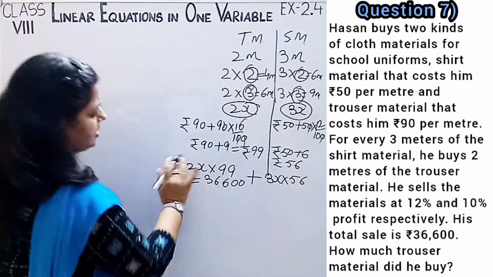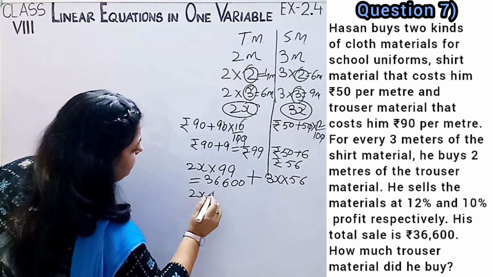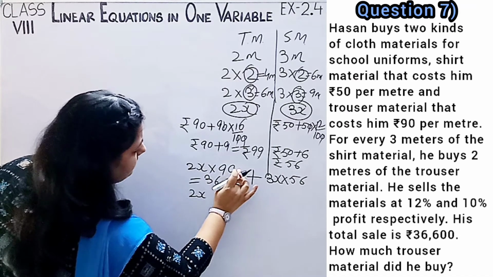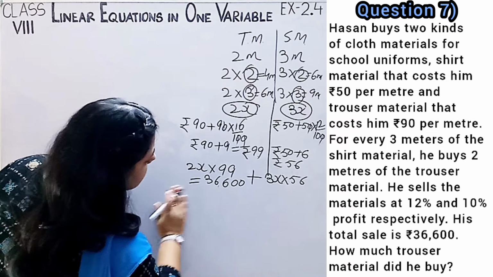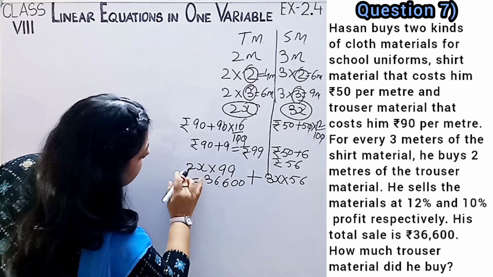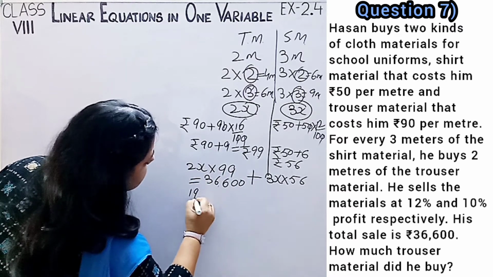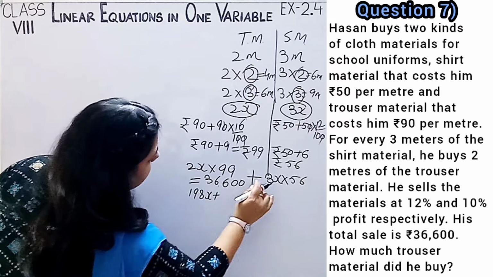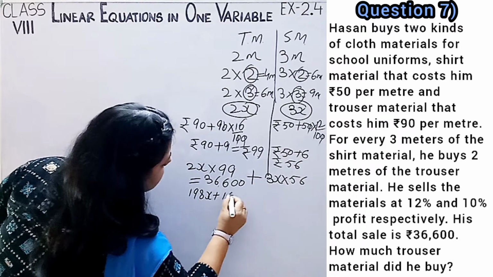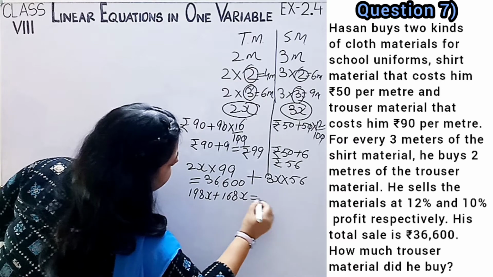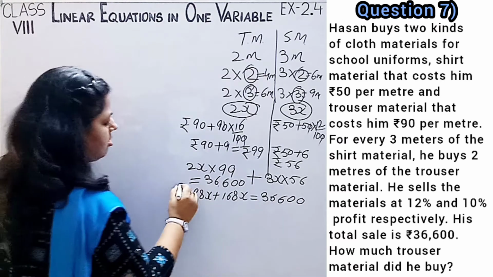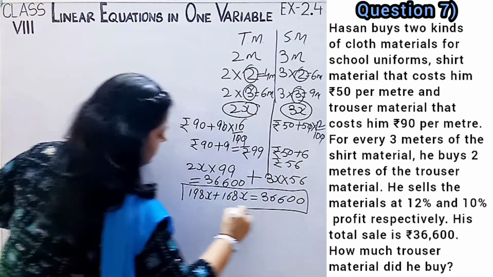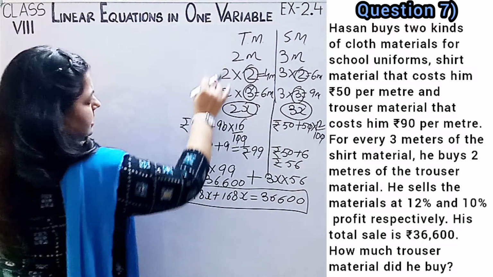So our equation is 2x into 99. After calculation we get 9 2s are 18, 198x plus 168x is equal to 36600. So we got this equation after these steps.